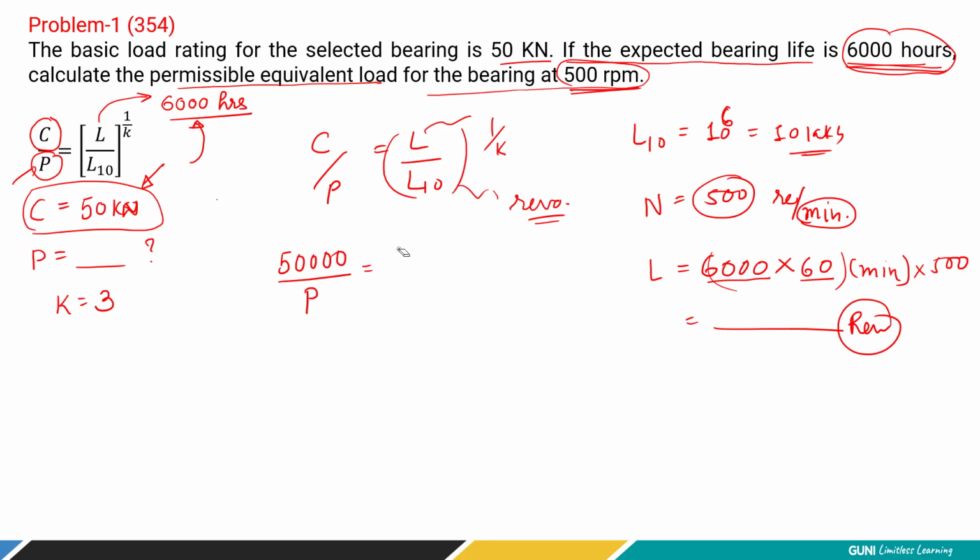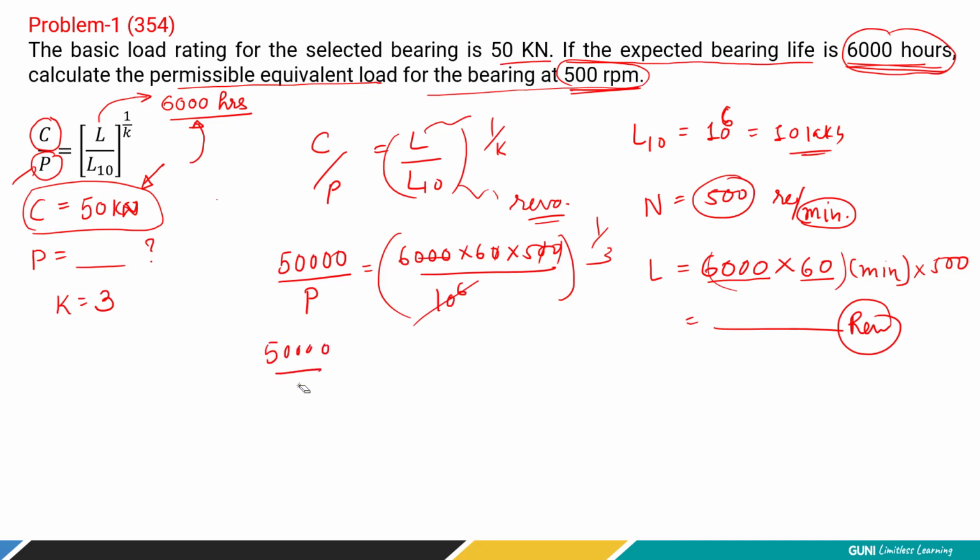So L is nothing but 6,000, 60 is a minute, and 500. At the bottom, what we have? 10 raised to 6. Okay, because L10 is taken as 10 lakhs. Now we have to take it to the power 1 by 3. Okay, so here we can divide: this 3 has 1, 4, 5, and 6, right? So 6 has gone. Okay, so what is left out?